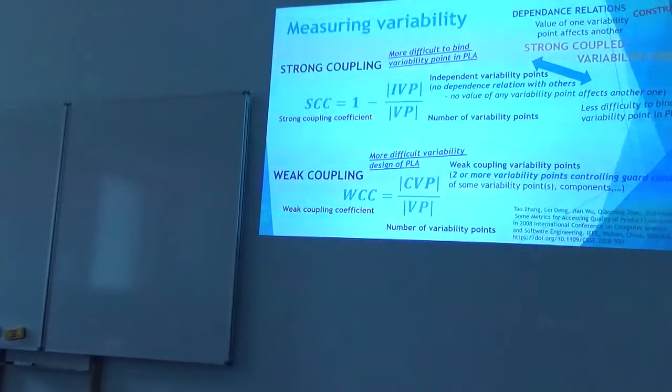That means that we need 2 different variables to specify if a given feature should or should not be included, and so on. And it introduces problems. This is a division of the coupled variability points divided by the number of variability points.